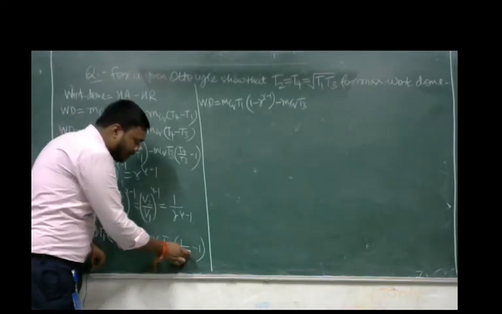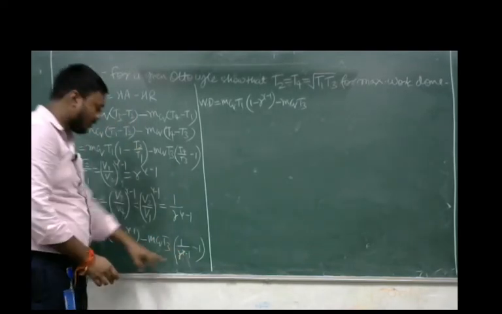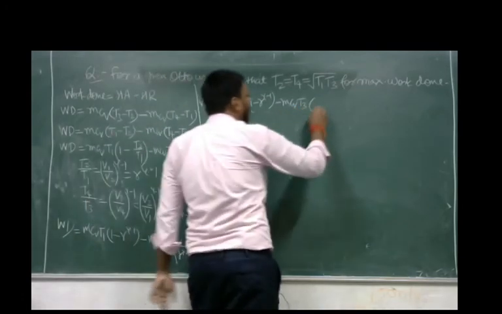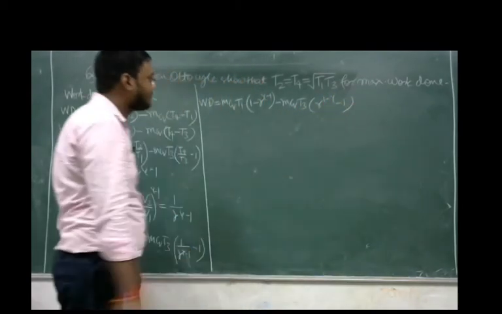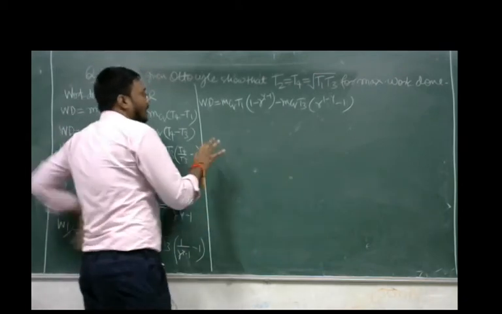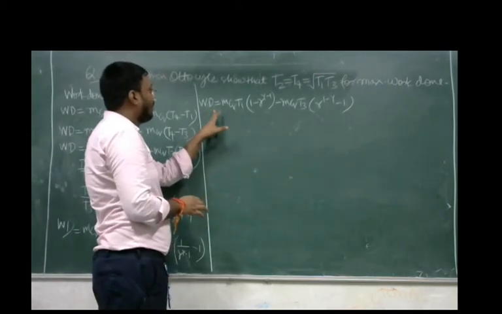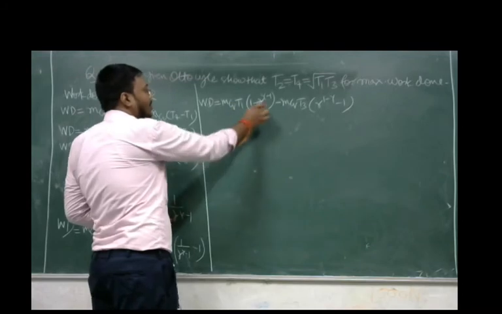In place of gamma minus 1 it will become 1 minus gamma, so here we get R to the power 1 minus gamma, minus 1. Now this is the value of work done in terms of temperature and compression ratio.